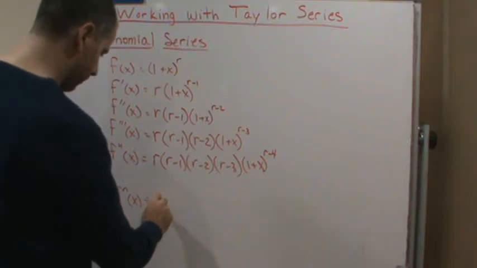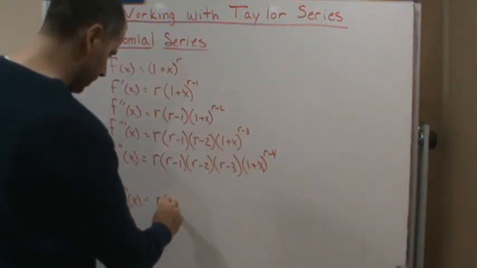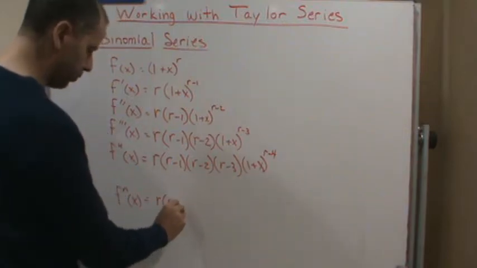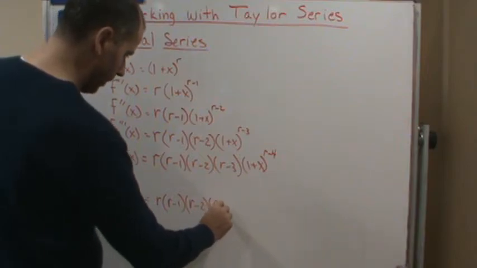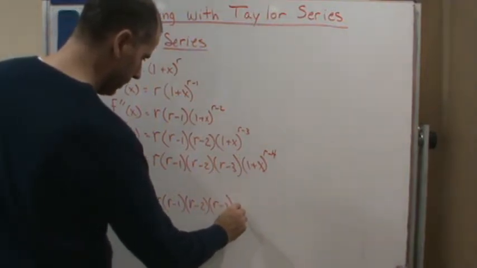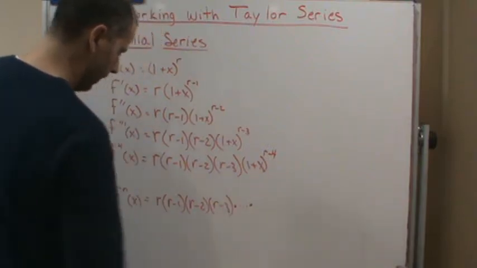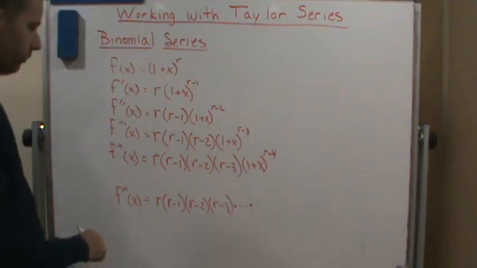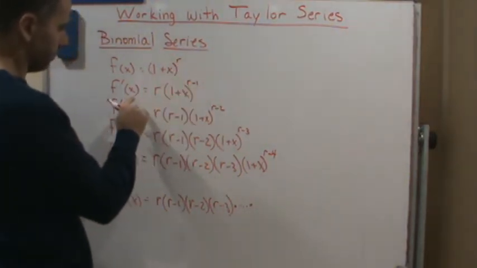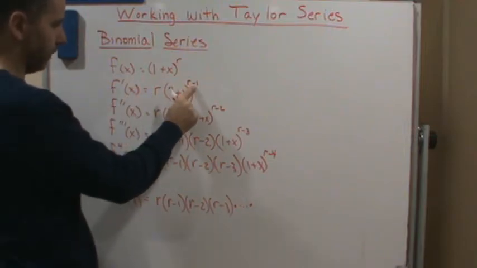It's going to be r times r minus 1 times r minus 2 times r minus 3 times, all the way to r minus n, but not exactly r minus n. Look at what happened here. For the first derivative we have r.